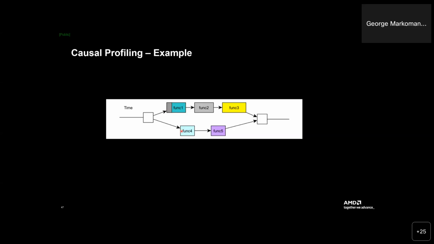So the philosophy is, instead of optimizing something which I cannot optimize before I fix the code, what if I delay the other thread, to run faster and to understand what the benefit is? This is the main concept here.